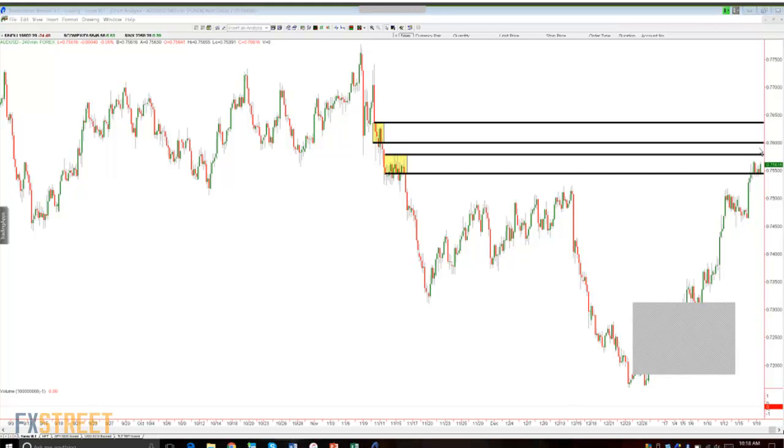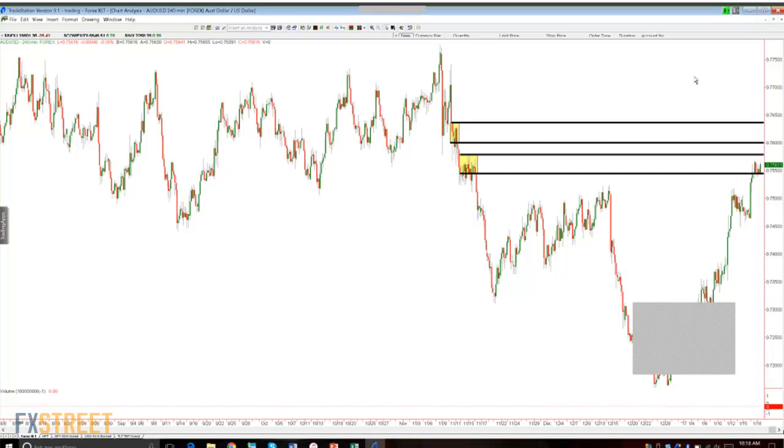The challenge, though, so price can certainly fall out of this level. The challenge is that means the dollar is going to go up, and the dollar chart is still telling us prices are much more likely to go lower than higher. So you've got to be careful with that.